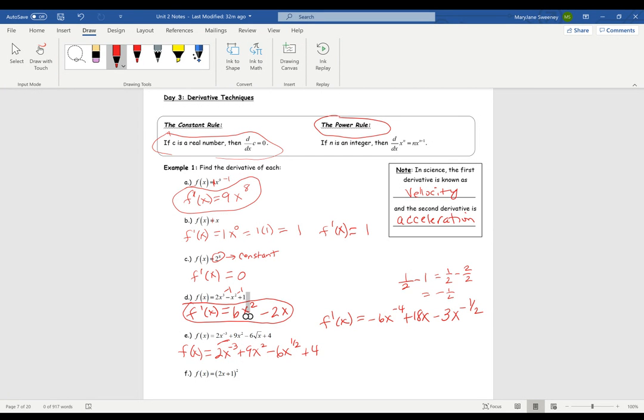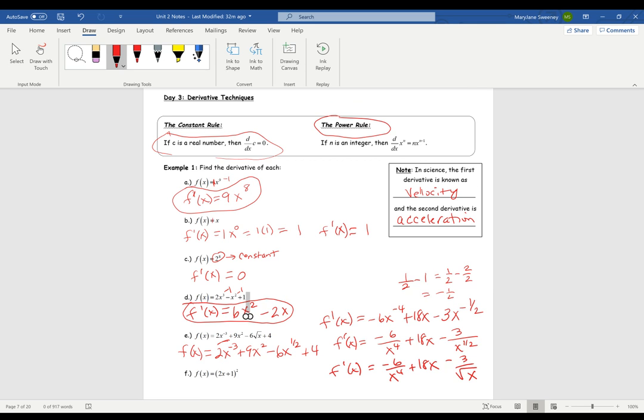Now, what you'll probably see, because a lot of times with derivatives we have to plug in an x value, is that this x to the negative 4, I would want to bring down and know it's x to the positive 4. X to the negative 1/2, I would bring down and it would become x to the positive 1/2, which is the same as the square root of x.